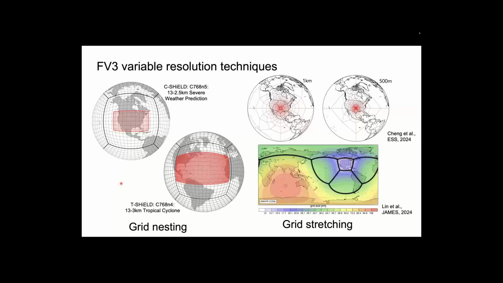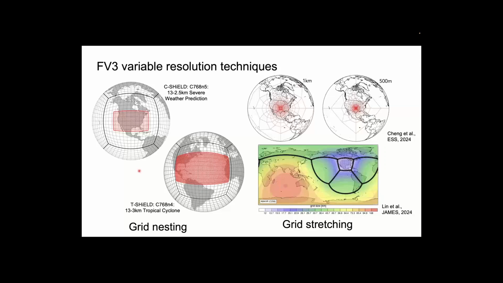It is still impractical to operationally run ultra-high resolution models at scales needed to resolve small-scale flow features to accurately predict special weather events such as severe storms and hurricanes. Even if we do that, there is an issue with data.